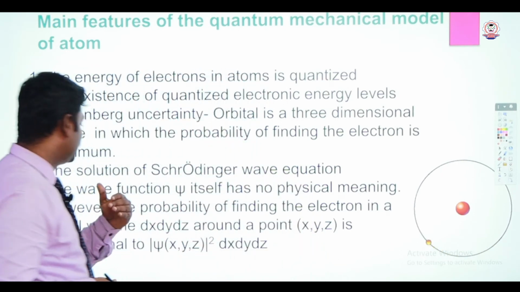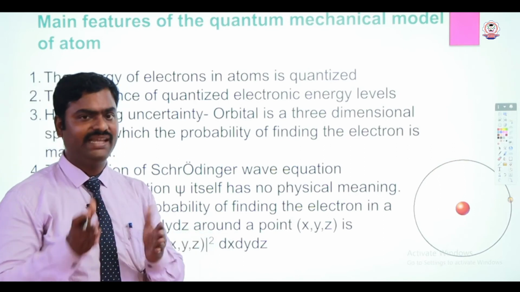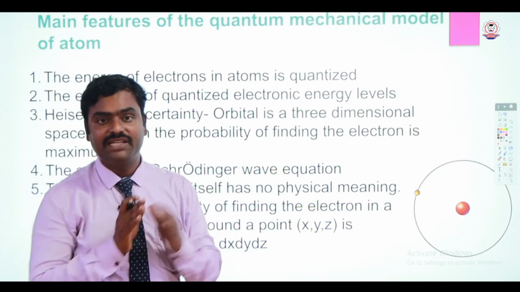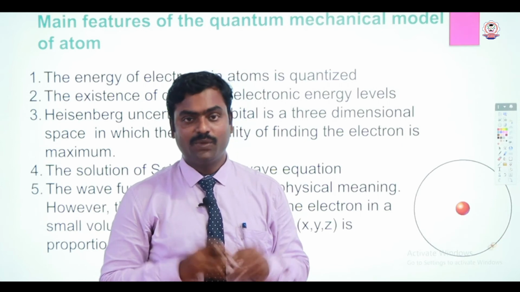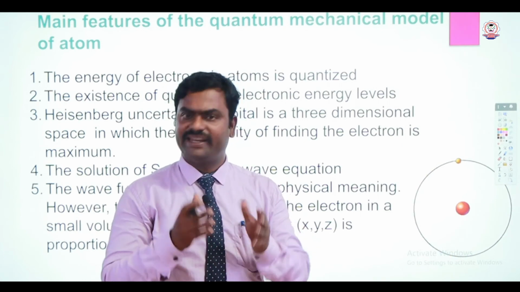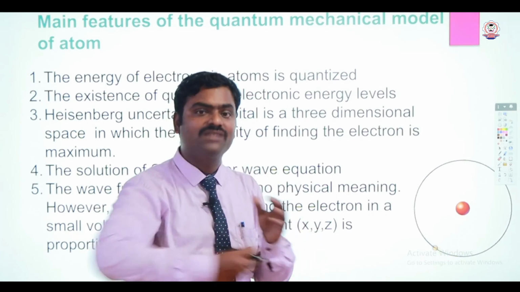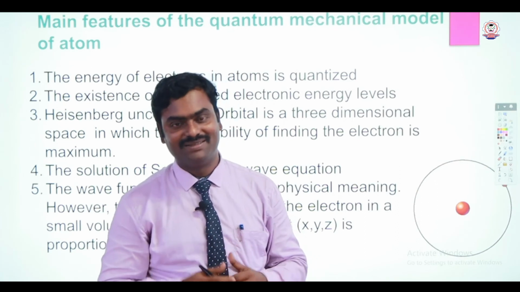Next, the wave function psi itself has no meaning. It doesn't give you any idea. But psi square gives you the population density of an electron. Using that population density, you can identify the area or the volume where the electrons are revolving around the nucleus. That is called the orbital.